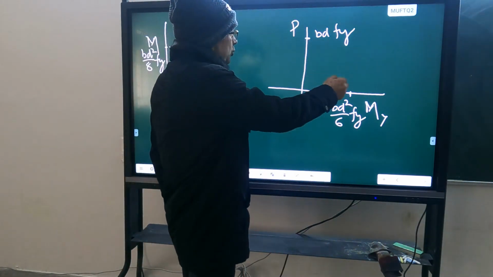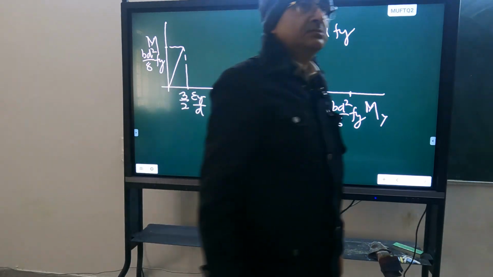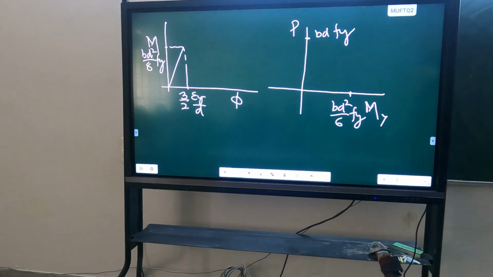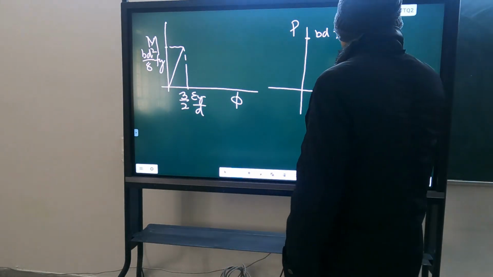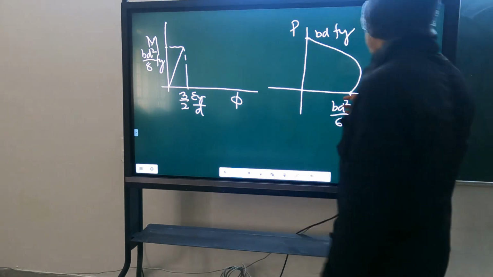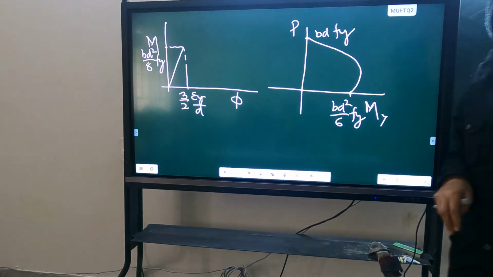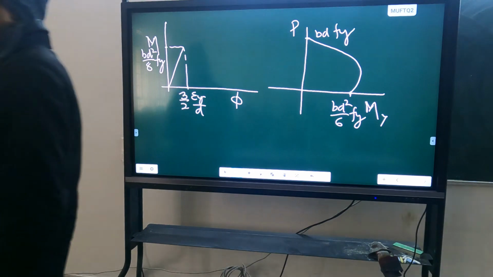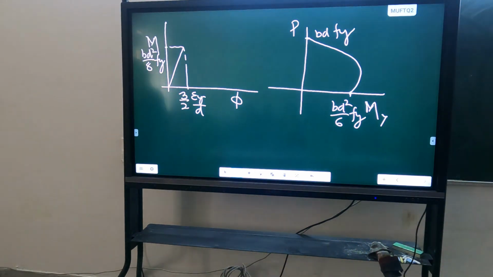How do you think it is going to vary in between? Will it be like RCC? First it increases and then decreases. Will it also be the same?